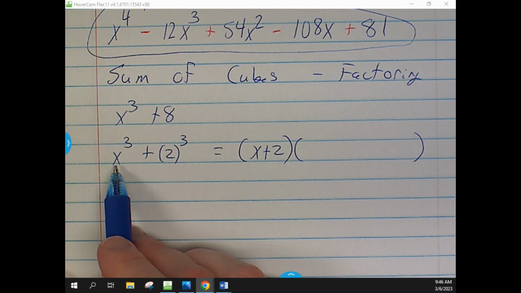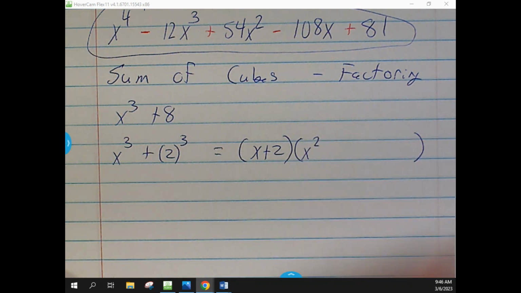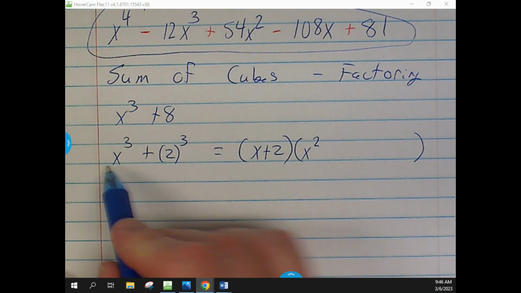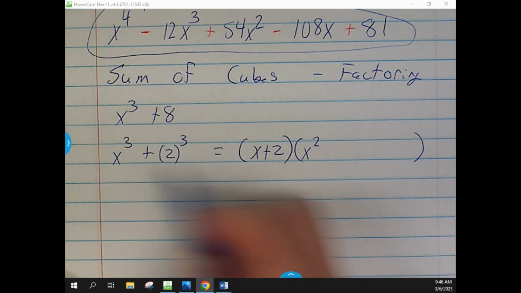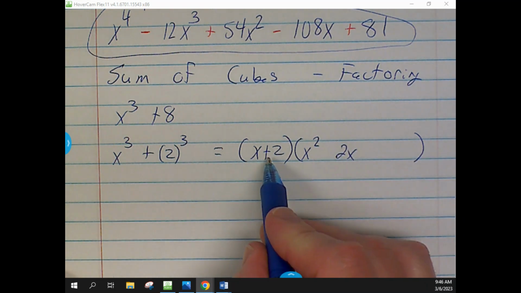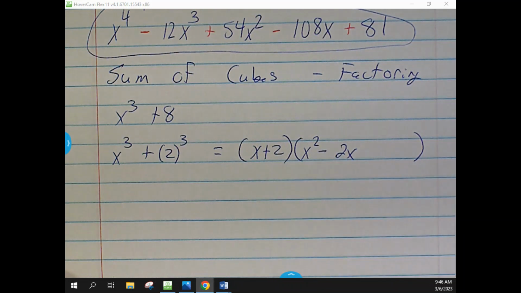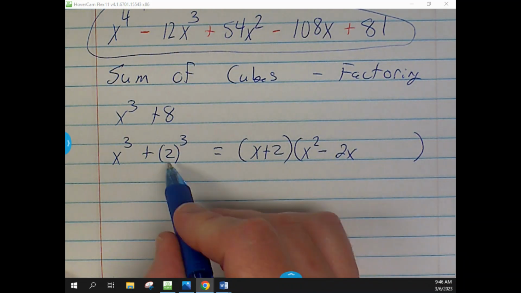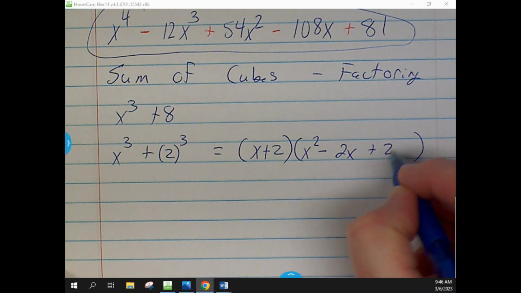All right. Then it's the first term squared. And then in the middle, you're going to multiply these two numbers together, so we're going to multiply 2 times x. But if it's a plus here in the beginning, then this one's going to be a minus. And then at the end, it's going to be the last thing squared.